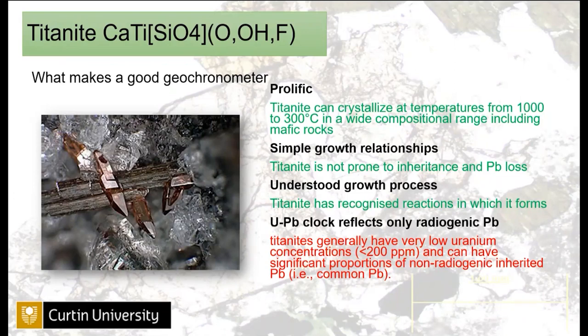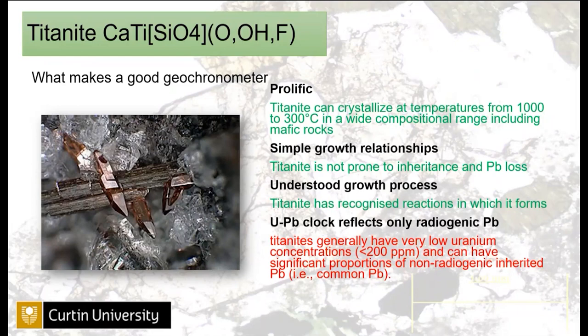They also tend to recrystallize in entirety, so we don't seem to see as much lead loss effects. So that's good because it makes the system a little bit simpler, and it means that we more commonly see simple, common radiogenic mixing lines rather than more complex arrays of data that reflect these other processes as well.